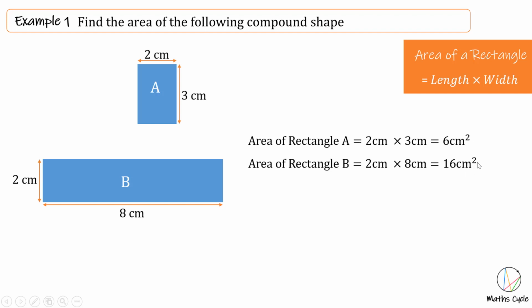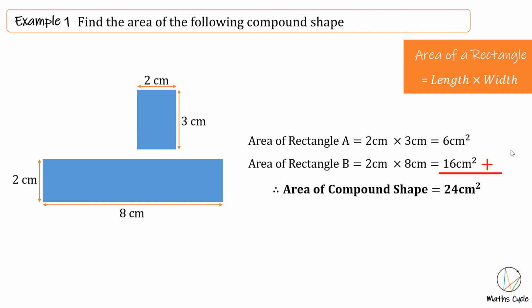So these are the areas then of my two rectangles, and all I do then is add those two areas together. So 6 centimeters squared plus 16 centimeters squared makes 24 centimeters squared, and that is the area of my compound shape.